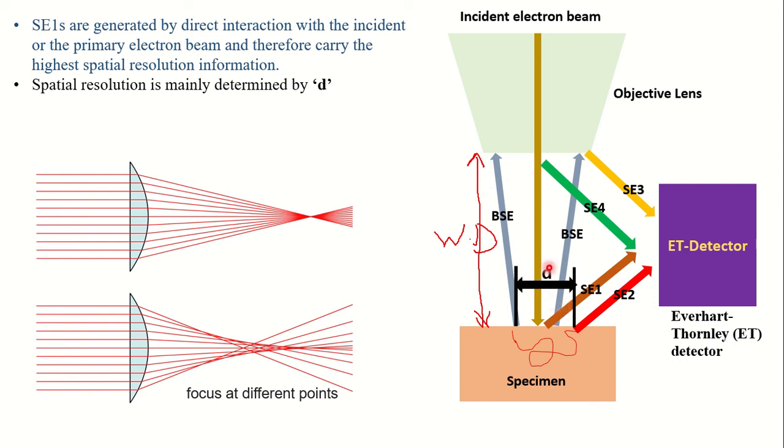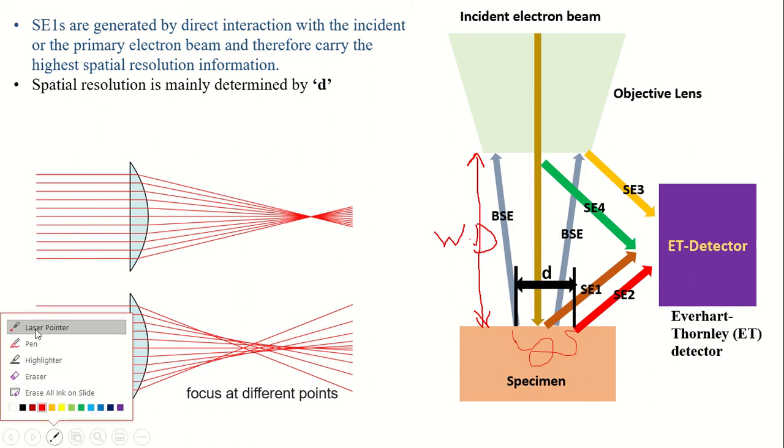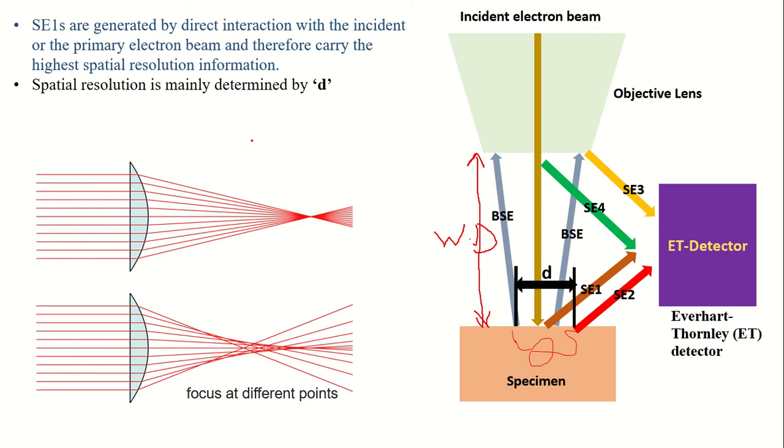I've already told you that the spherical aberration of the probe forming lens increases with the increase of working distance. Sorry, when this working distance increases, this spherical aberration will increase.